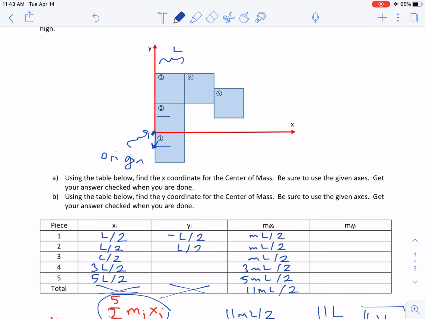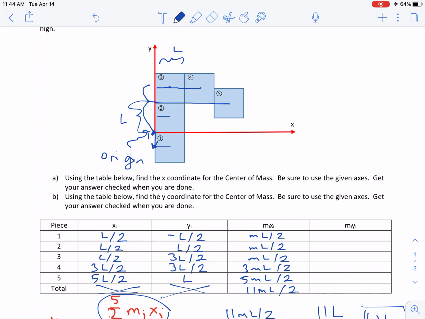But it is still half L. And the third one, so you're doing again from the origin to up there, this is L, and one more half of L becomes 3 halves. And as you can see, 4 and 3 have the same distance, so this is also going to be 3 halves. But the fifth one is going to be right there, and this was simply right here, it's L.